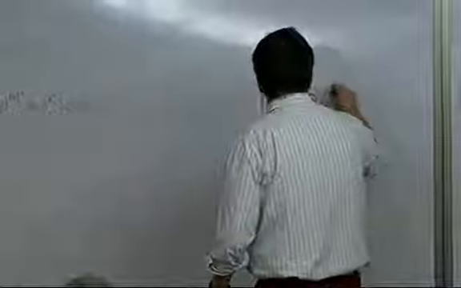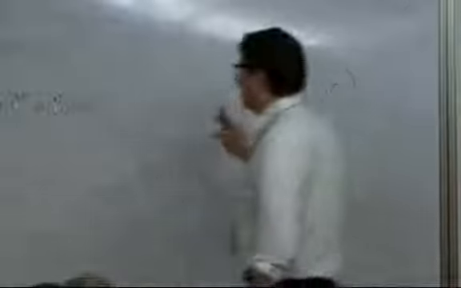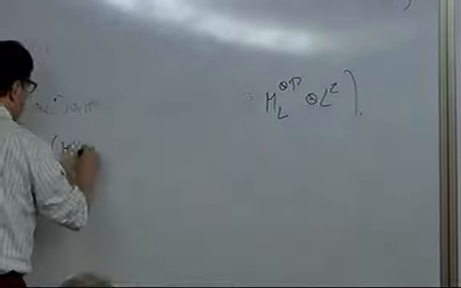Here we have now M_L, which is by definition the kernel of the evaluation map, so it is sometimes called the evaluation bundle.